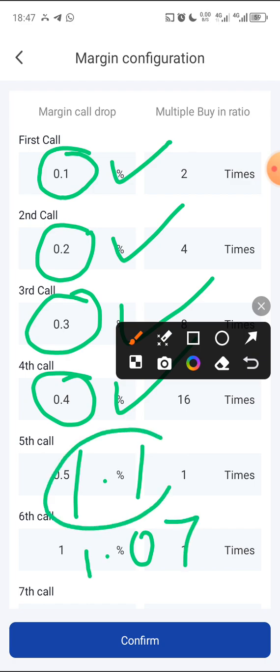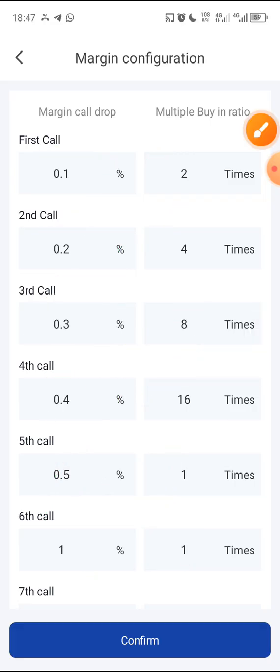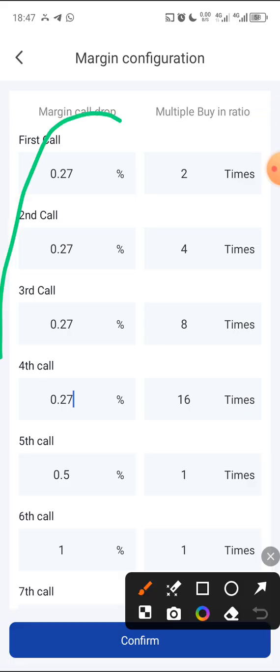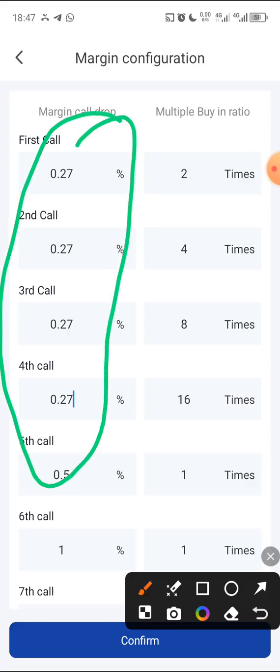But still this call drop isn't bad. So you come and change from 0.1, you put there 0.27, again 0.27, here 0.27, here 0.27. Remember, we are focusing on the first 4 margin calls.